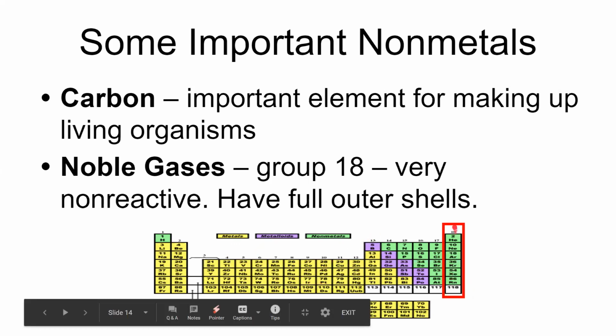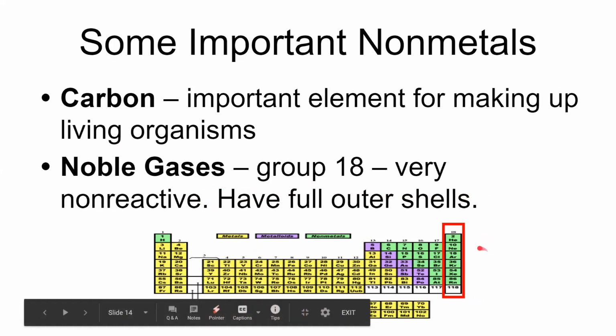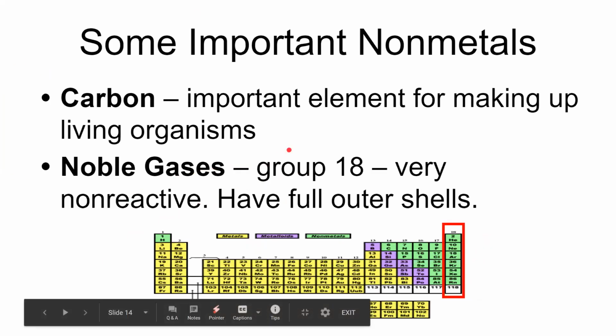And so they got the name of noble gases because the scientists were like, they're kind of like noble lords and ladies that don't want to mix with all these other commoner elements that make up the rest of the table. So just a fun little sciencey fact about those guys on the very end here.